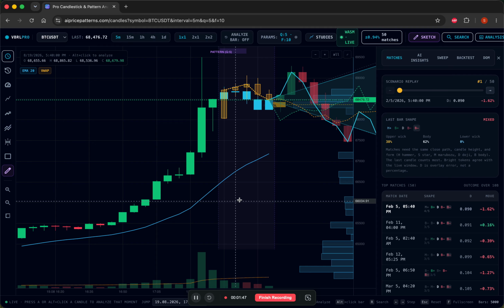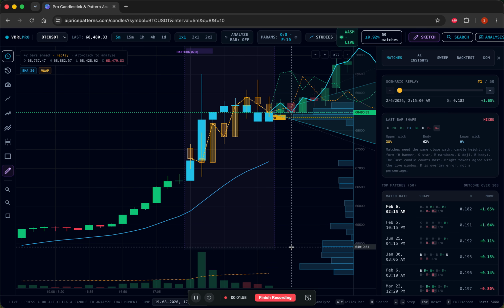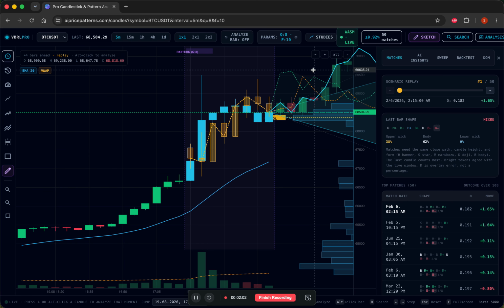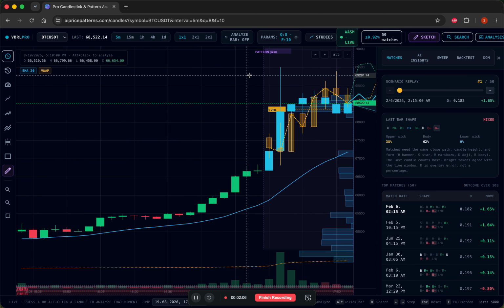It makes sense, but let's see. Oh yeah, for example, parameters. Let's look at the last 8 bars as parameters, and we can look at what happens after that. But let's try to understand how this system works.